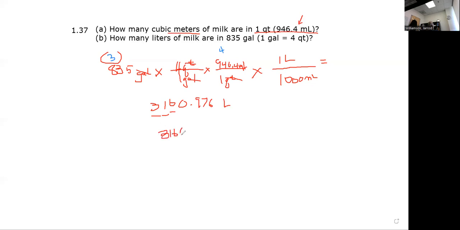I need a 0 there as a placeholder 0 liters, because I'm not going to put a decimal point. This is 1, 2, 3 sig figs as written. If I put a decimal point, it now makes it 4 sig figs. So I want to get rid of that decimal point. And this will be my answer for 1.37b.